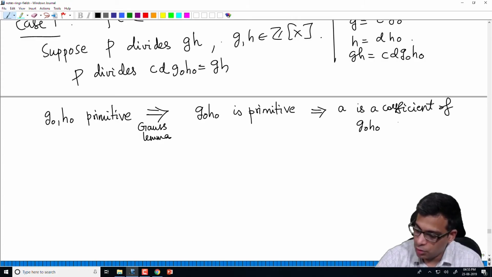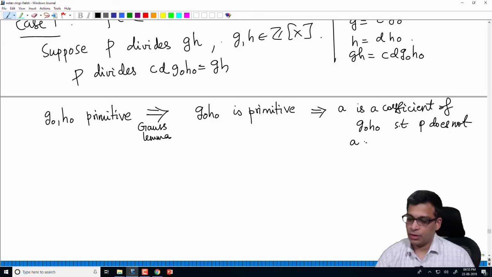What I really mean is no prime number divides all the coefficients of g0 h0, because g0 h0 is primitive.